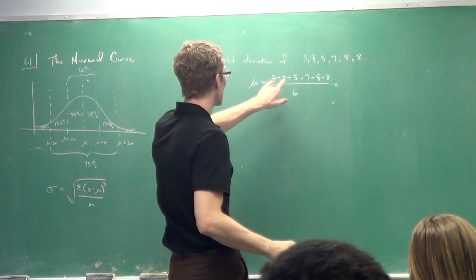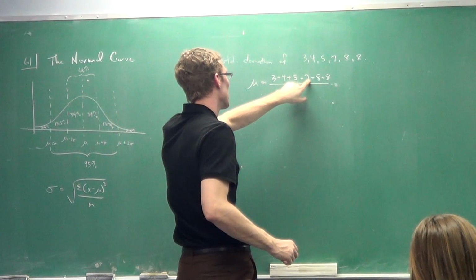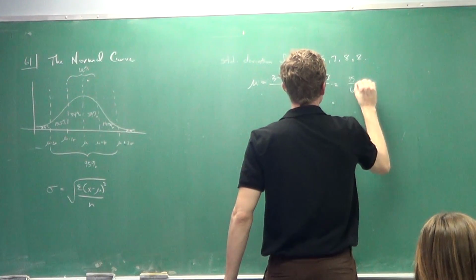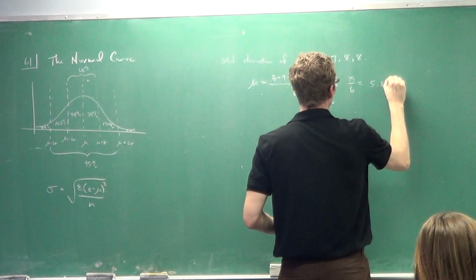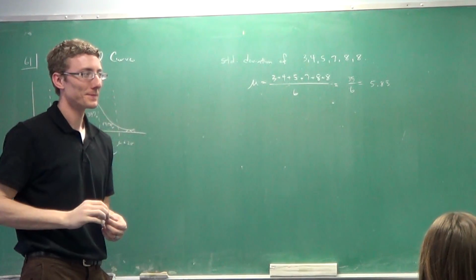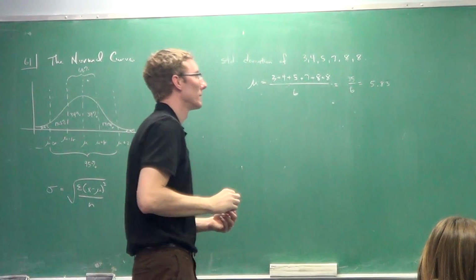So 3 and 4 is 7, 7 and 5 is 12, 12 and 7 is 19, 27, and 35. 35 divided by 6 is 5.83 repeating. We'll say 5.83 just for the sake of sanity.